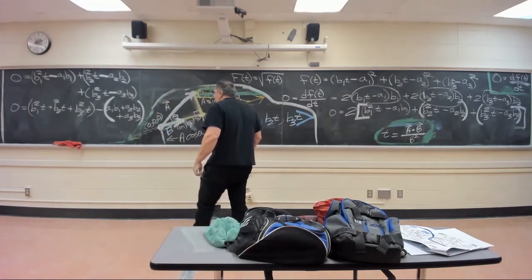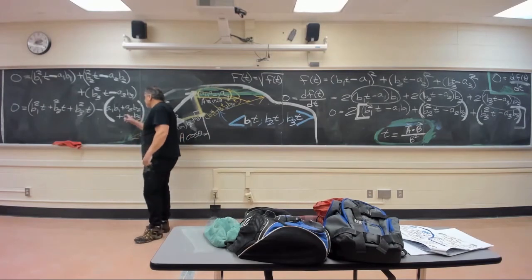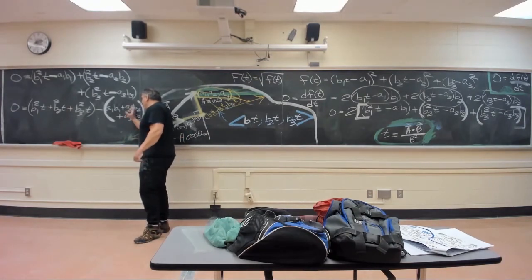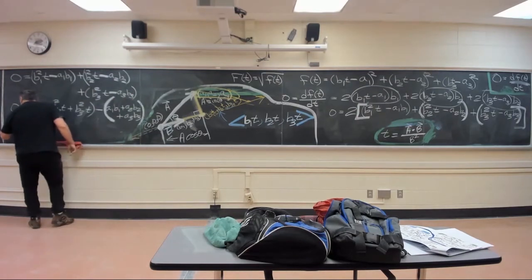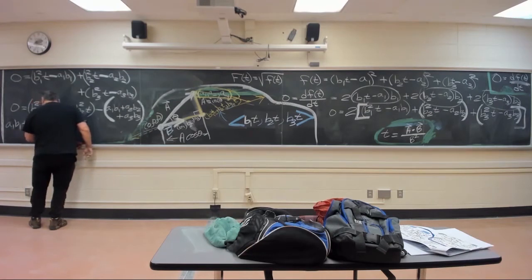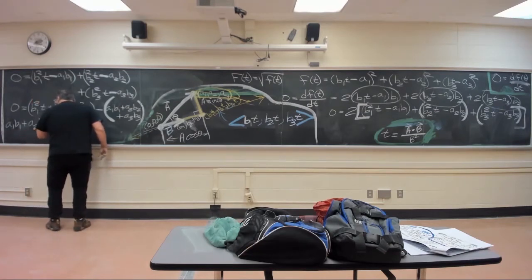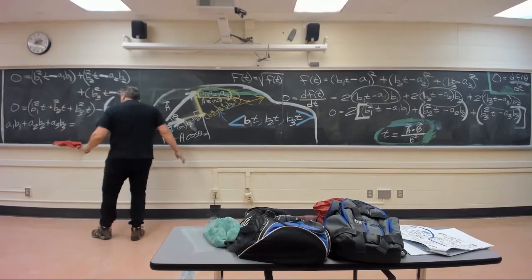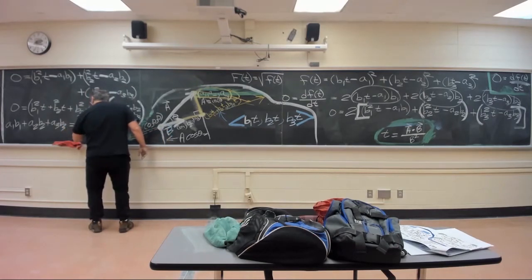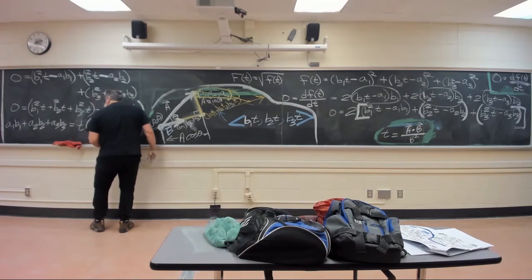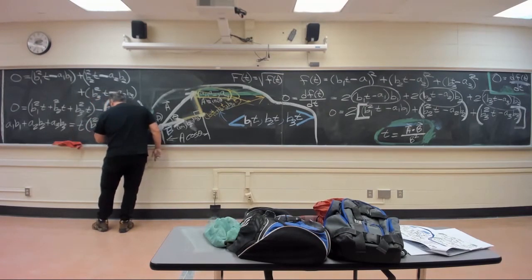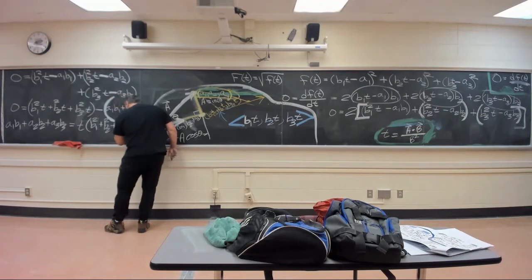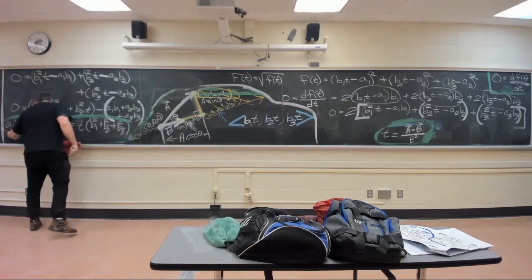There's a lot you can do here. Why don't you take all this and get it over there. Do the algebra. A1 B1 plus A2 B2 plus A3 B3 equals all this. Well, what is all this, guys? Let's cut to the chase here. t times B1 squared plus B2 squared plus B3 squared. We're not done, but we're getting there.